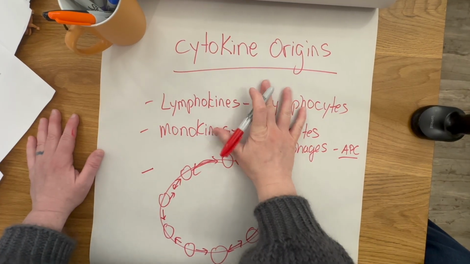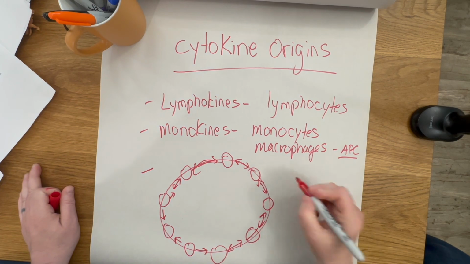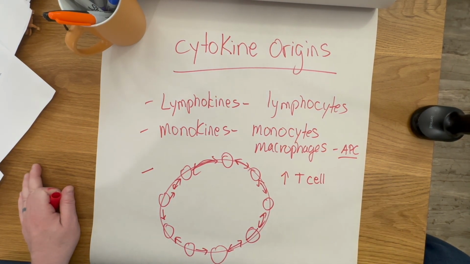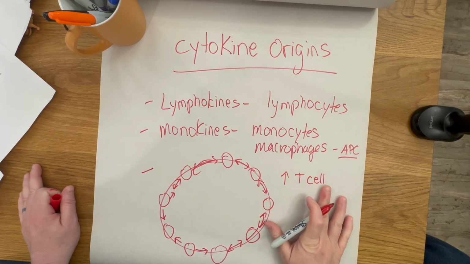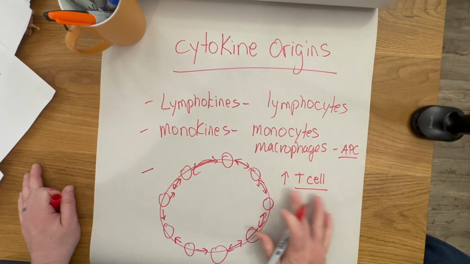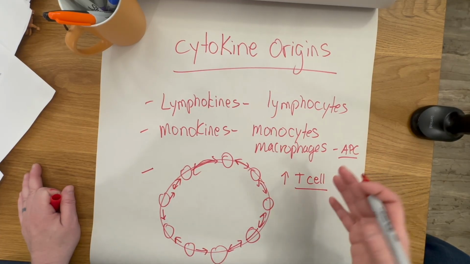So specifically in terms of T cells, the functions of the cytokines help to increase T cell differentiation and multiplication. They help to accelerate the cytotoxic T cell maturation. So both helper T cells and cytotoxic T cells are going to be stimulated.